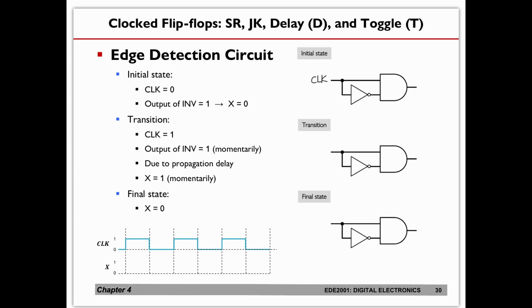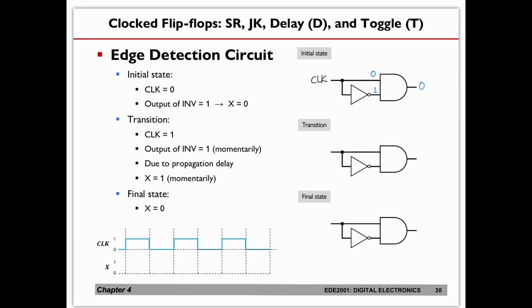So there will be a time delay for this NOT gate to respond. Example: imagine that the clock is a 0. This is the initial state. When the clock is a 0, the output of the NOT gate here will be a 1 and the output will be a 0.